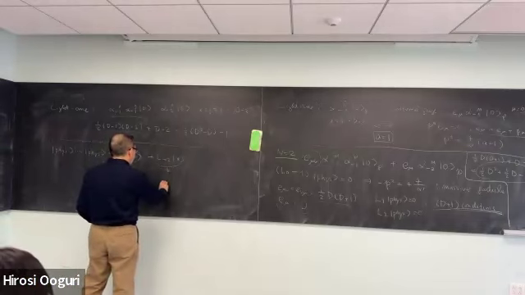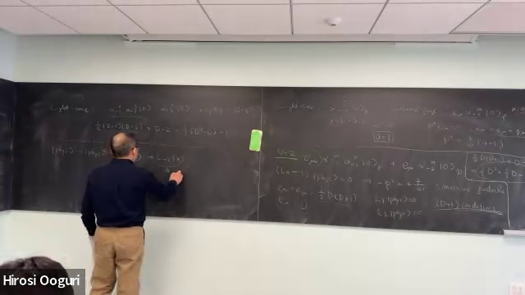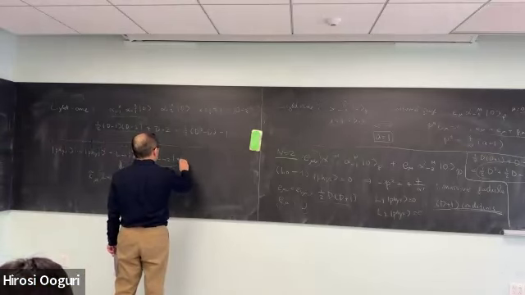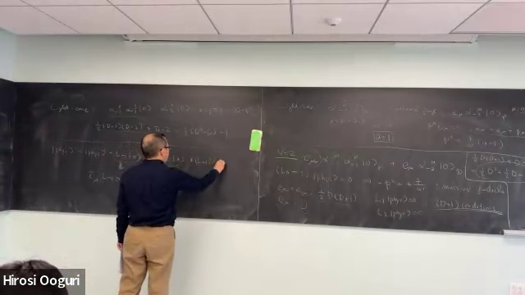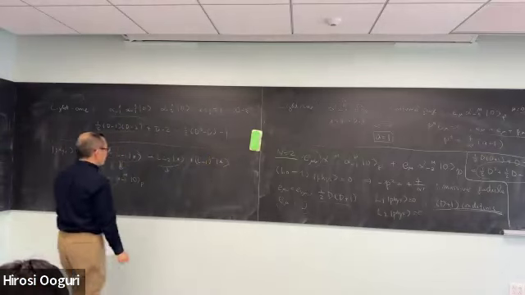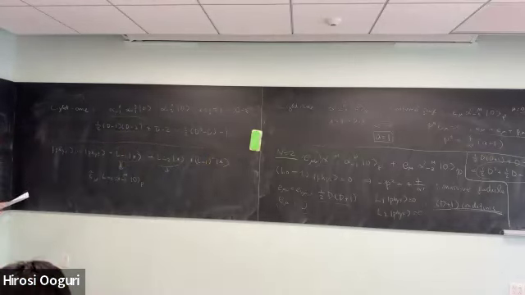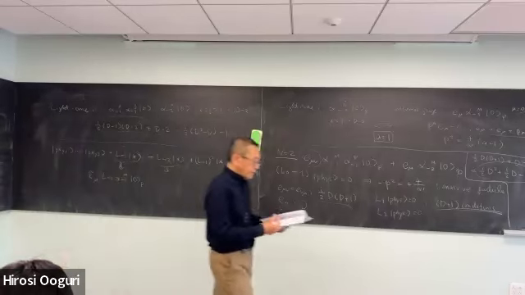So you have L minus 1, L minus 2. Okay, and then there's also some linear combination. You can also have this state here.